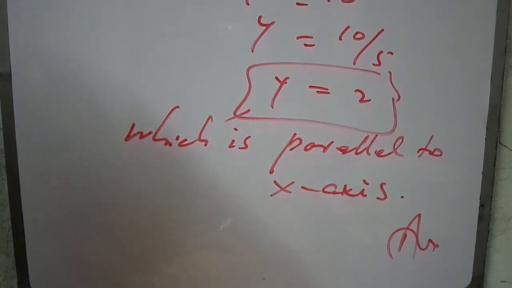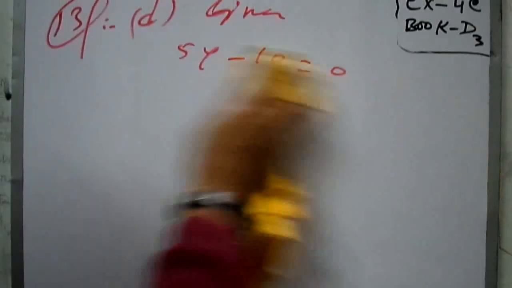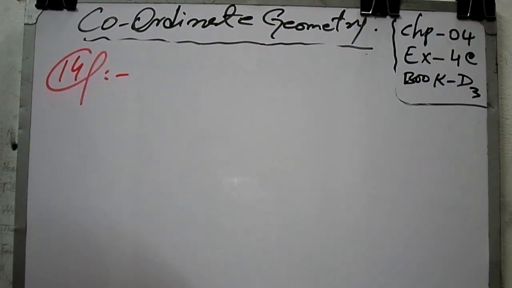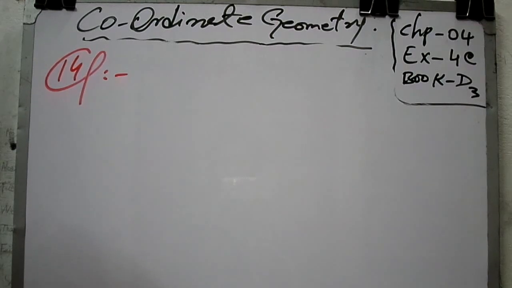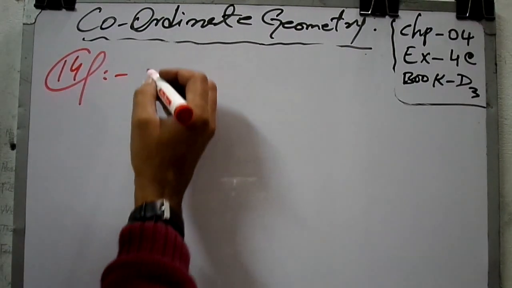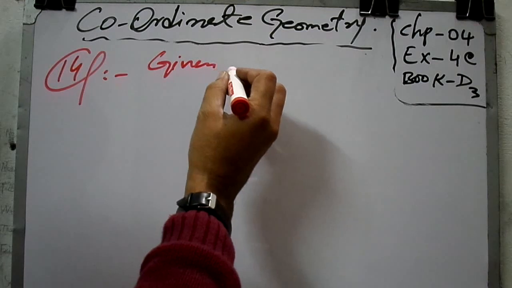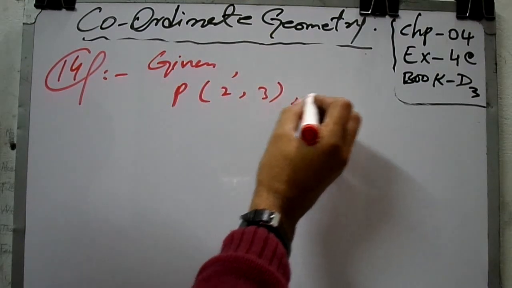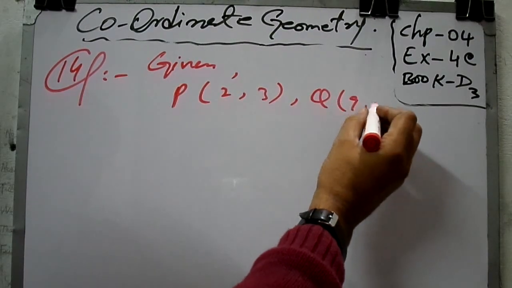Now coming to question number 14. In question number 14, read the statement: P is the point 2, 3 and Q is the point 9, 5. Find the equation of the line joining PQ and find the coordinates of the point where PQ intersects the x-axis. So first of all, given that P is equal to 2, 3 and Q is equal to 9, 5.